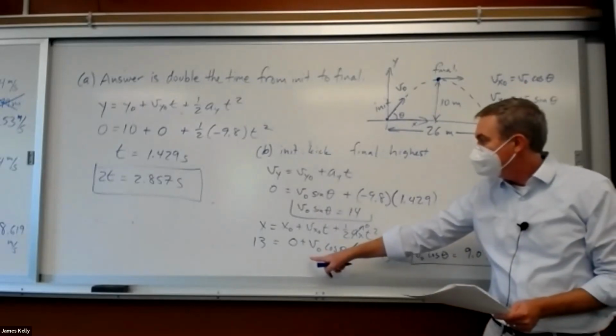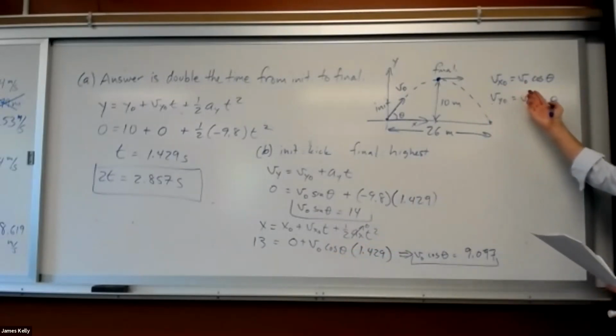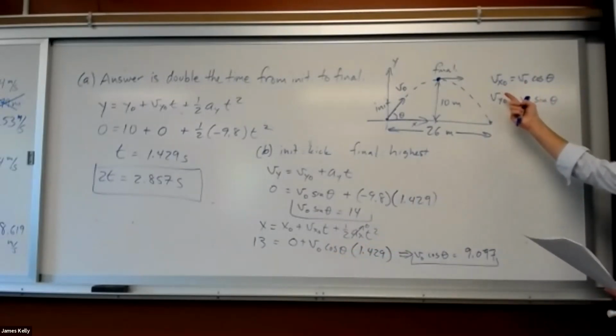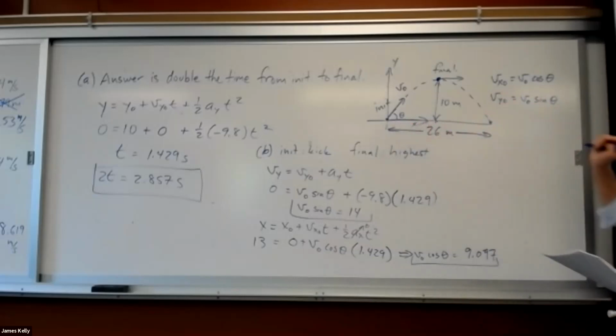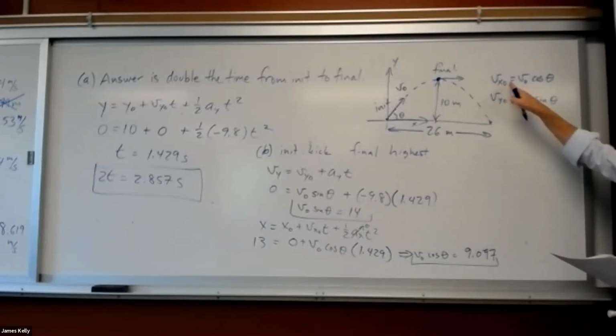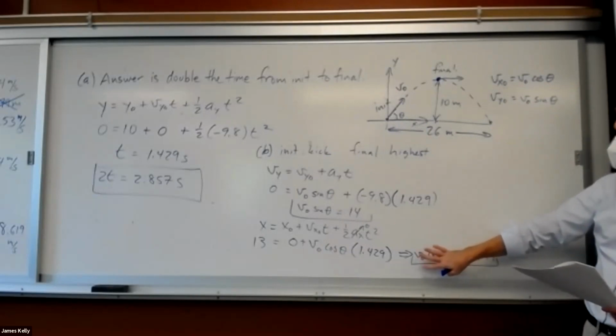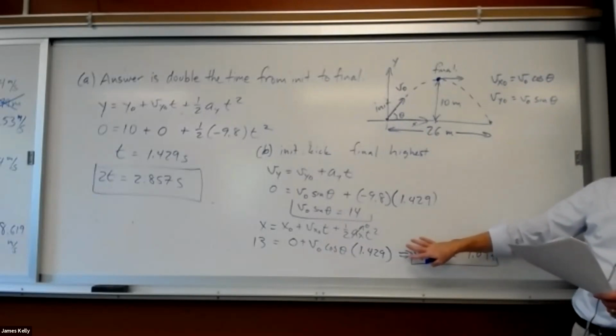I could have figured out the distance it went, and we know the amount of time that it took. So I could have calculated that number, which would represent this number, and that would still be equal to V0 cosine theta. So I think that's just a different way of getting at it. I think you're right, Sam.